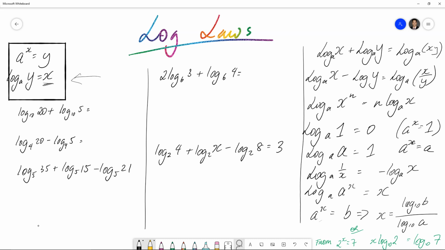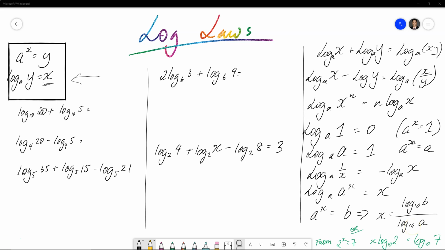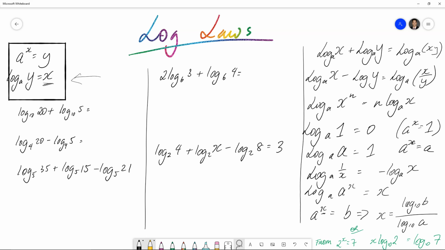So just thinking about that conversion into log form, you're going to do the same thing to both sides. Okay, so a to the power of x is going to turn into log 10 of a to the x, and b is going to be log 10 of b. And then to work out what x is, you're going to divide the b by the a to get x on its own. Okay, so just looking at the bottom here, we've got an example of 2 to the power of x equals 7.